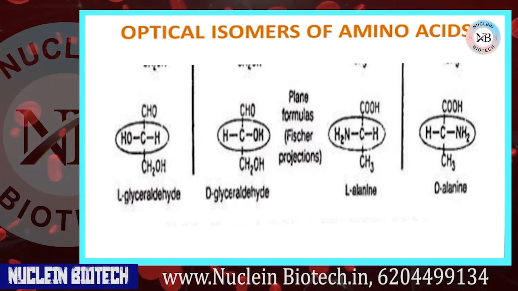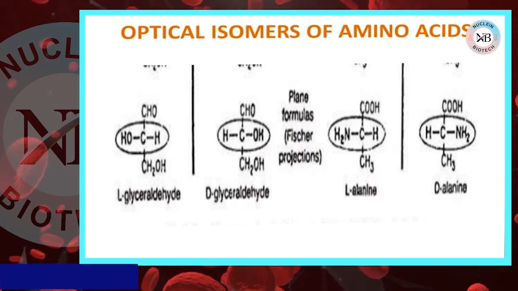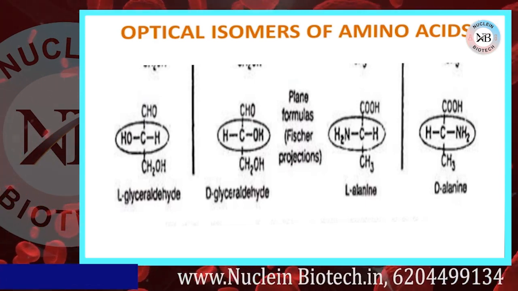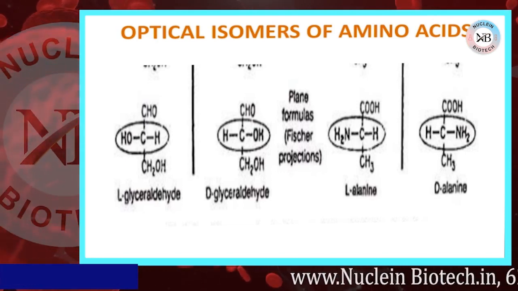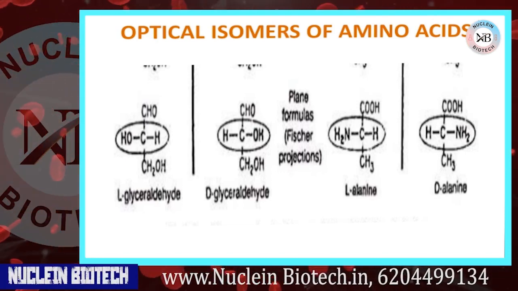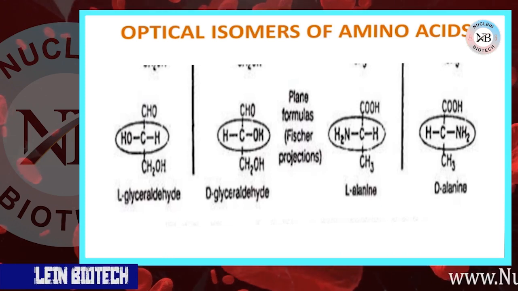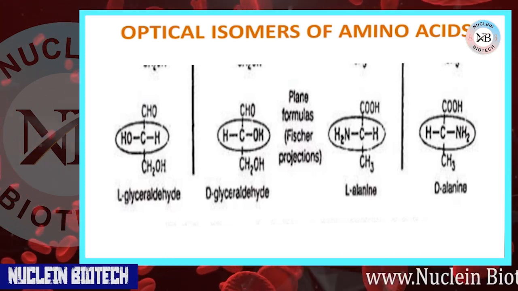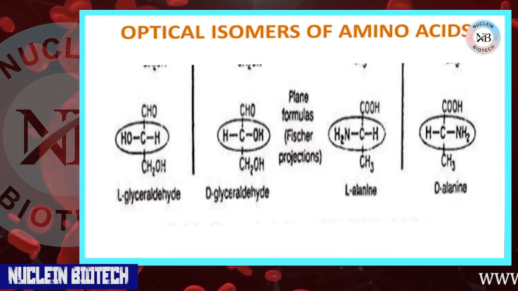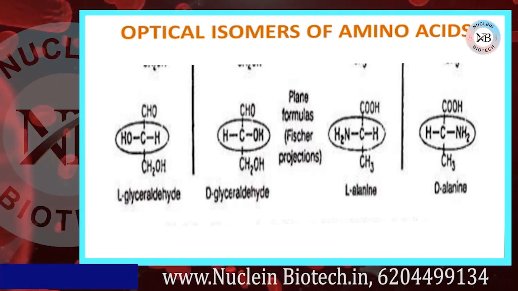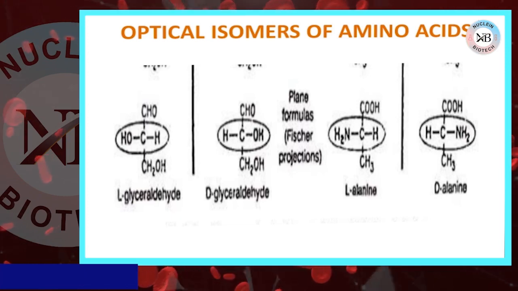but in various bacterial peptides, particularly those present in the cell wall, or certain peptides having an antibiotic activity, one finds amino acids of the D series. On the other hand, certain amino acids have an additional asymmetric carbon in the side chain, which increases the possibilities of isomerism.